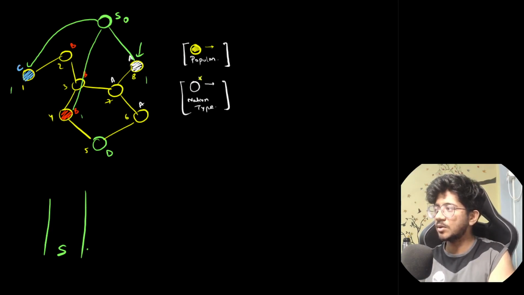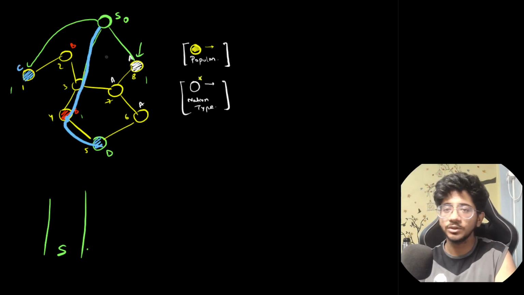And now you think about any particular node's shortest path to the super node. The way it will work is, it will go to one of the popular nodes and then it will take an edge to go to the super node. So every shortest path from this super node to any node is like connecting the other node to the closest popular node, and then using one more edge to go to the super node.